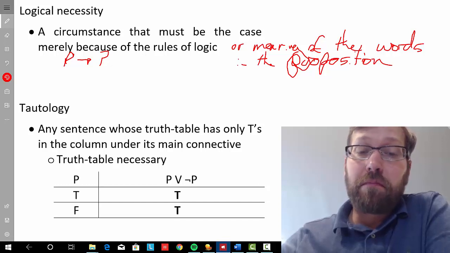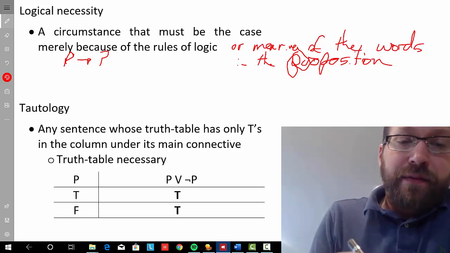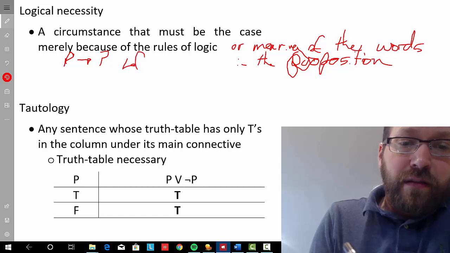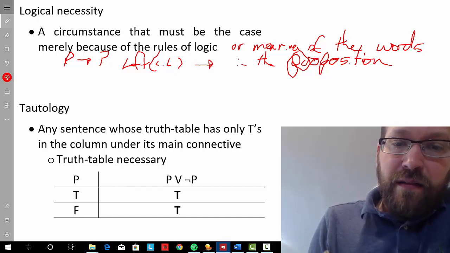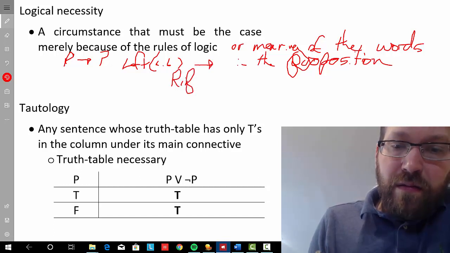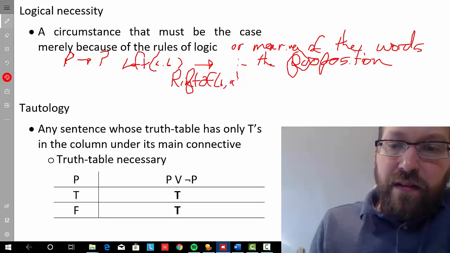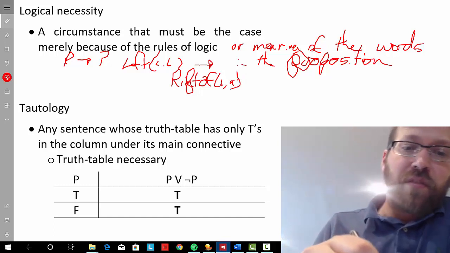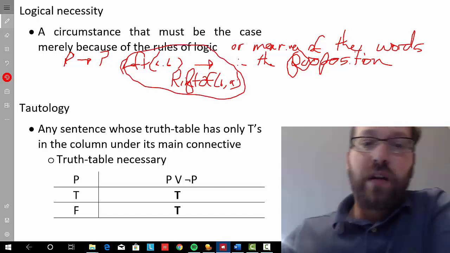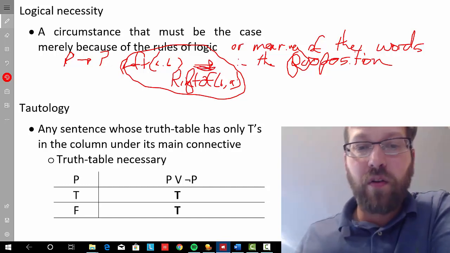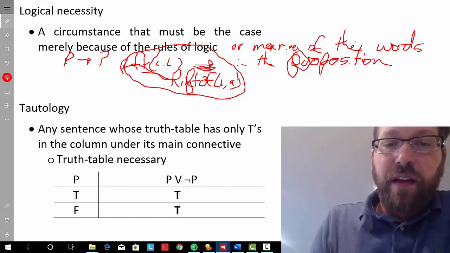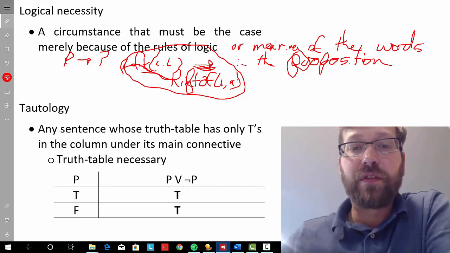Or a different statement: if A is to the left of B, then B is to the right of A. So this is true partly because of what the logical connective here means, but also the meaning of left and right of, and the fact that they're inverses of one another.